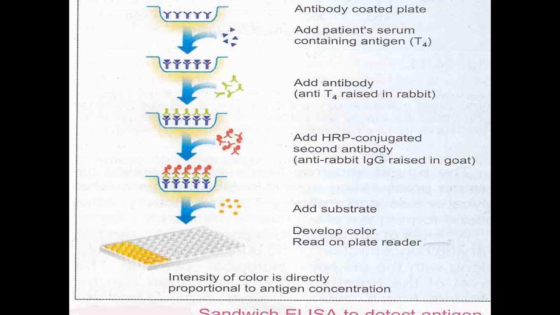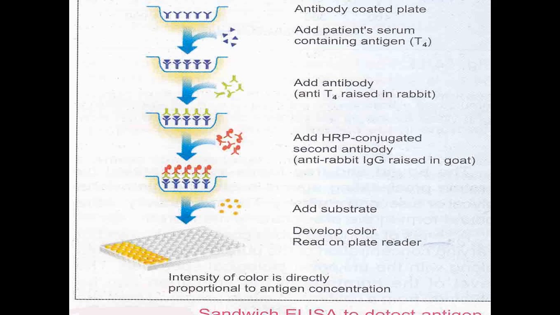This second antibody will come and bind with the antigen. This is an enzyme labeled antibody. The circle is the enzyme, the Y shape is the antibody. The second antibody goes and binds with the primary antibody already added there.